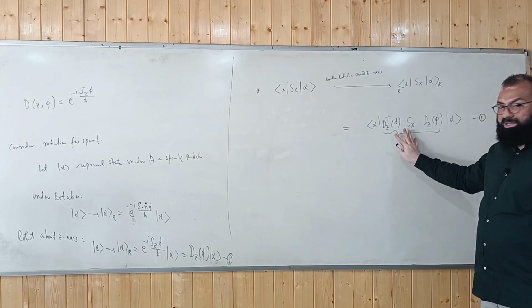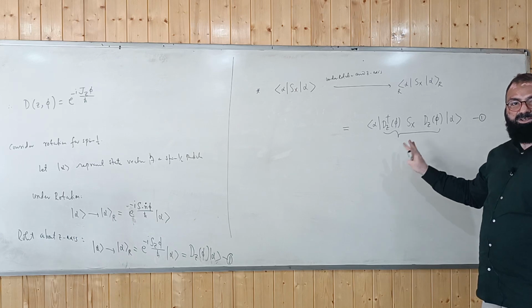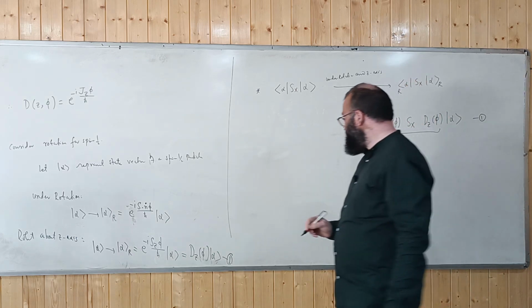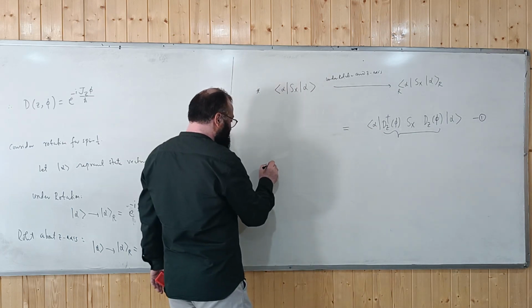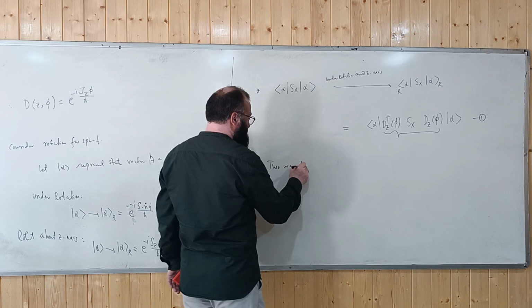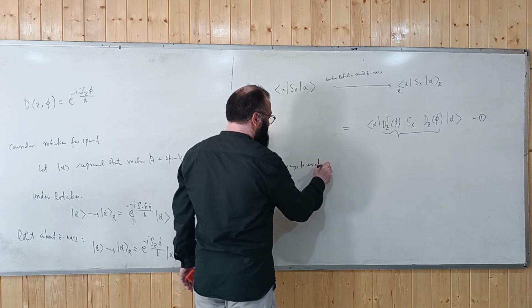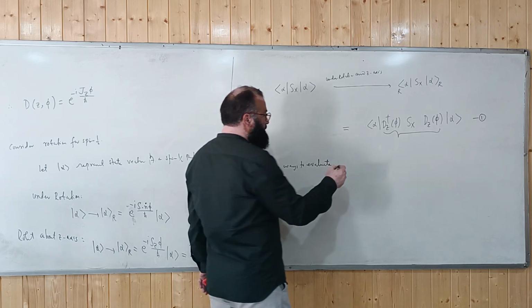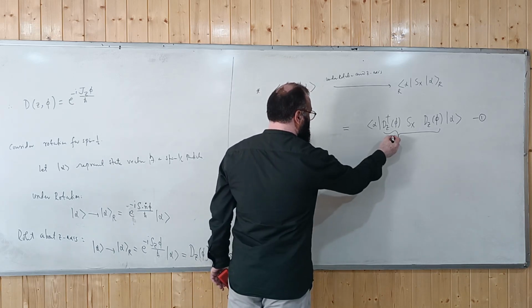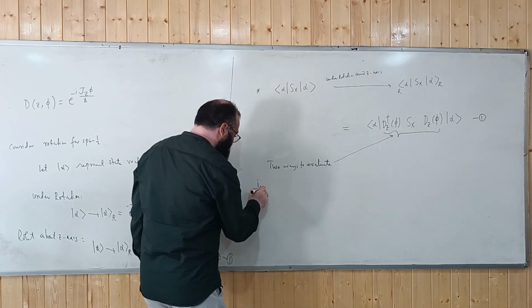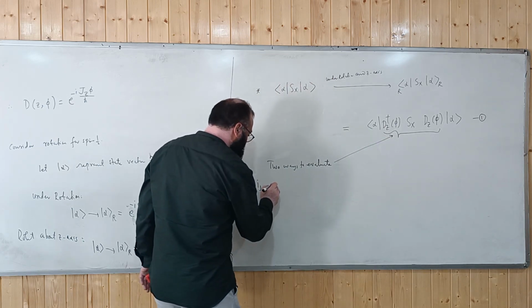Now there are two ways to calculate this very object, and I will use both ways to show you the power of this algebra. I will tell you the reason why there arise two ways to evaluate this.